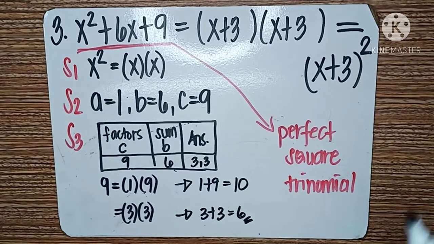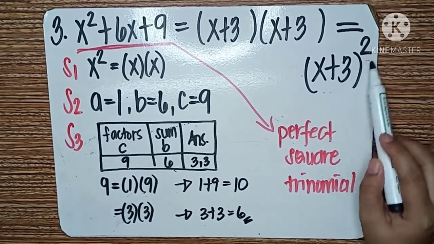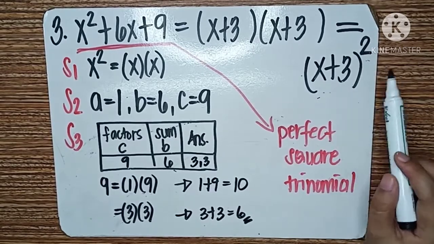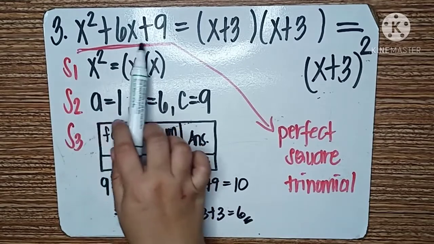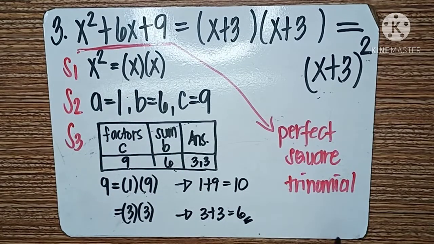Again, kung ang factors natin ay square ng binomial, tulad nito, in-square natin si x plus 3, therefore, yung given na quadratic trinomial, ang tawag dyan ay perfect square trinomial.